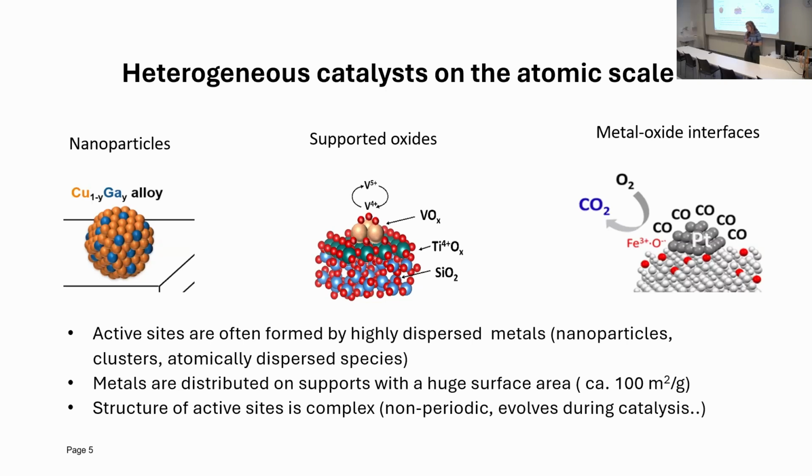These metals are supported on very high surface area supports, around 100 square meters per gram, because these solid catalysts are supposed to react with gases or with liquids. It's why industry likes heterogeneous catalysts a lot, because it's very easy to separate gases and liquids from solids. Therefore, heterogeneous catalysts are very typical in industry.